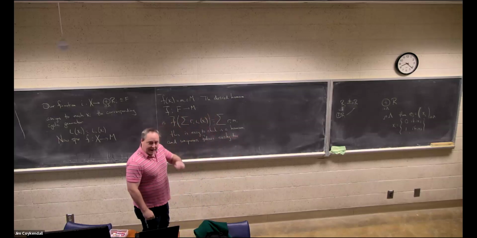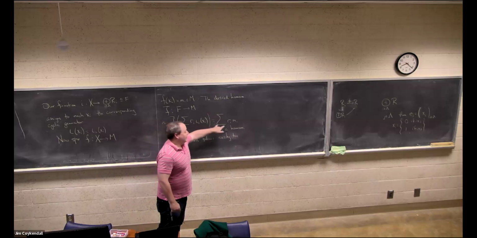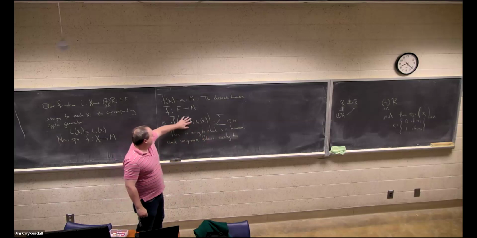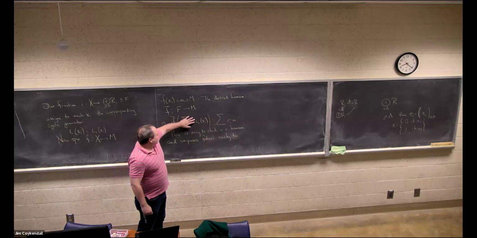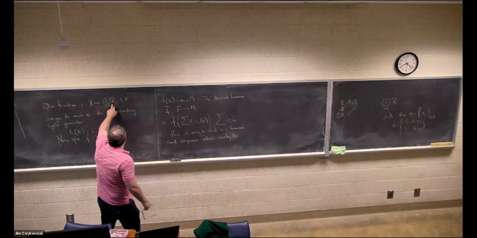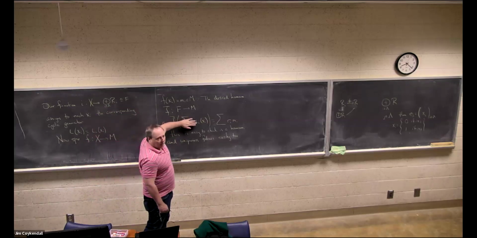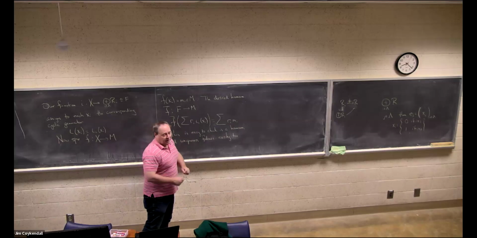To make that set map work, you have to take each of these to M, and once you've done that, it determines everything, because these iota i's comprise everything: anything in here can be written as a sum of these. Once you've told these where to go, the homomorphism takes care of everything else.